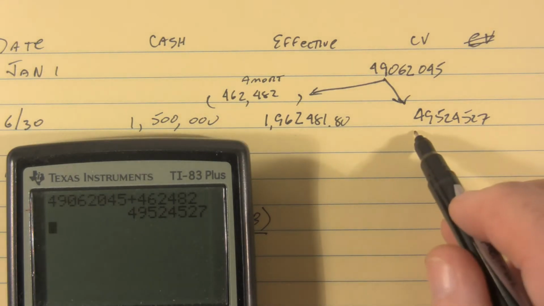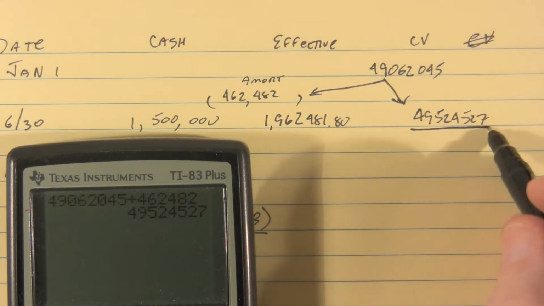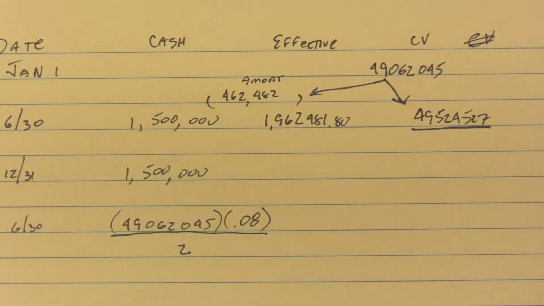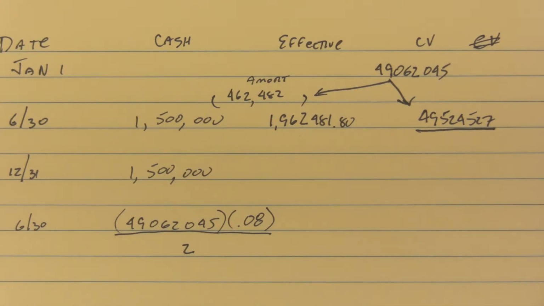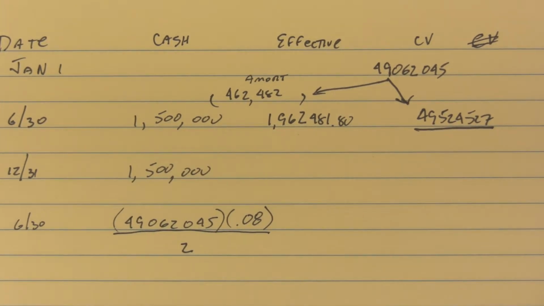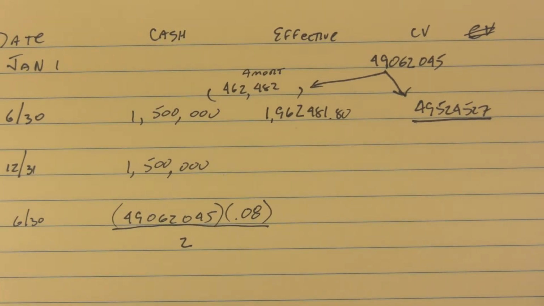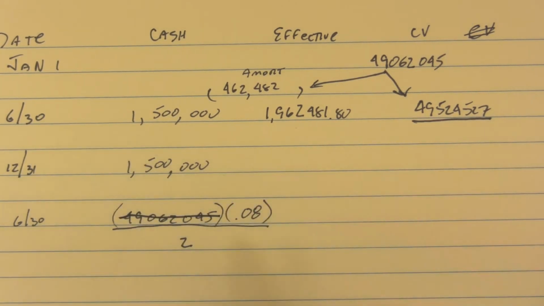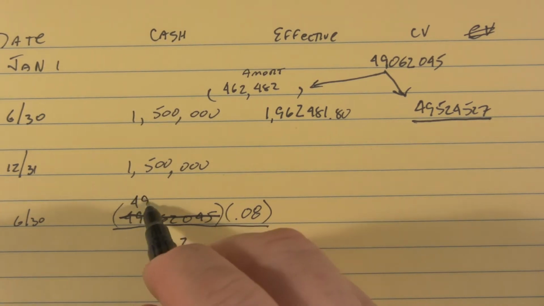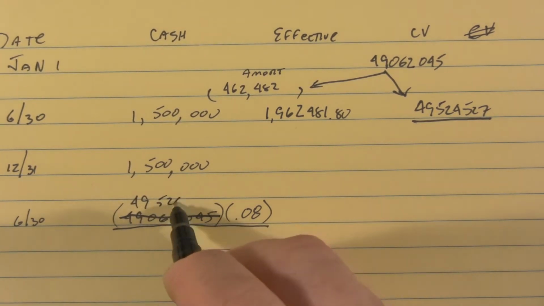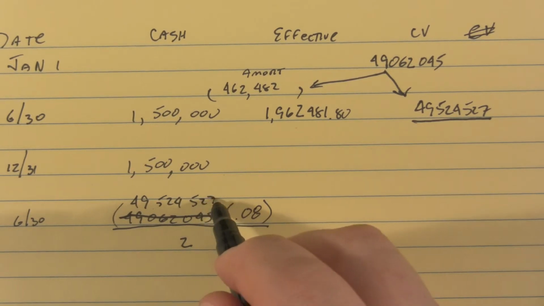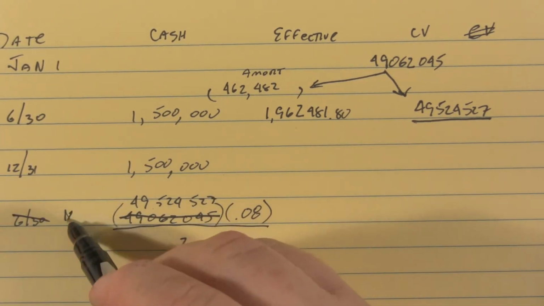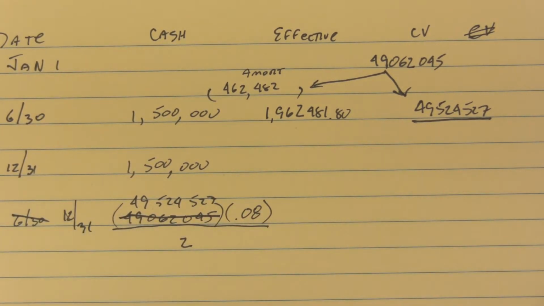At the very end of this, we want the carrying value to be equal to $75 million, because that's the face value of the bonds. So we now have to do the same computation we did before, but instead of 49,062, it's 49,524,527, and this is the 12/31 computation.